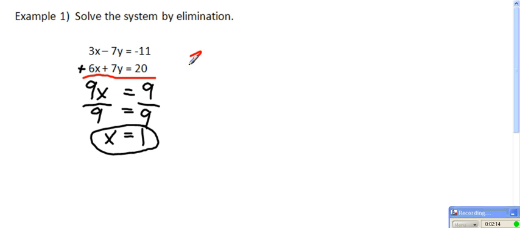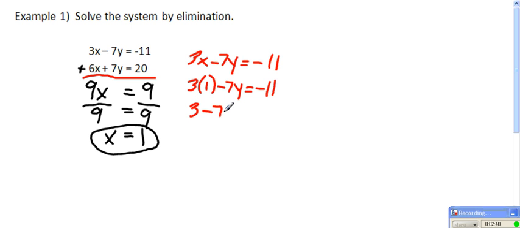So if you choose to use the first equation that we have up here, 3x minus 7y equals negative 11, we're going to substitute 1 in for x. So we have 3 times 1, minus 7y equals negative 11. 3 times 1 gives us 3.